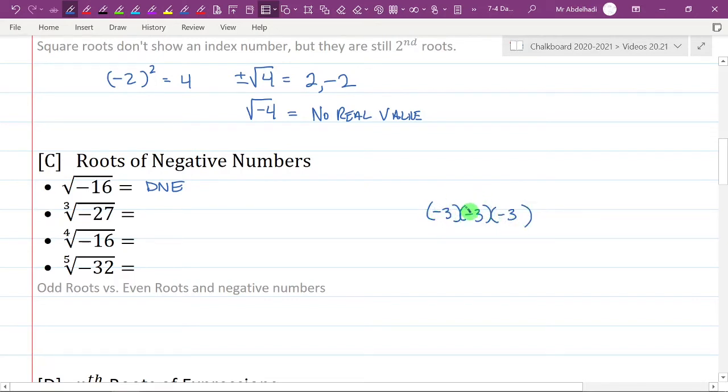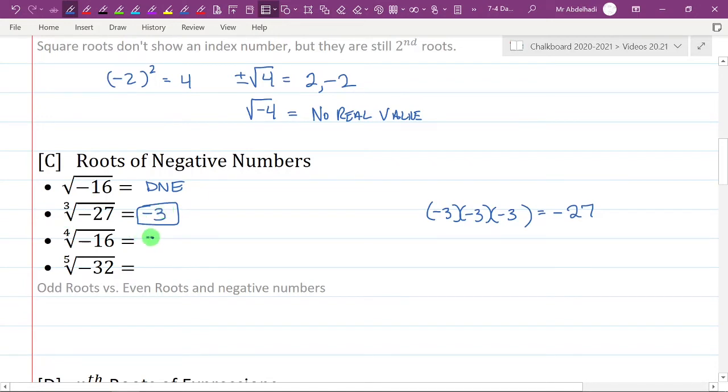Because there's an odd number of negatives, the first 2 negatives will cancel out, but there'll still be one more negative that will survive, and you will get negative 27. So for an odd power, you can get a negative result. Thereby, for an odd root, you can take the odd root of a negative number. And the answer here is negative 3. So while you cannot square root a negative number, you can cube root a negative number, no problem.